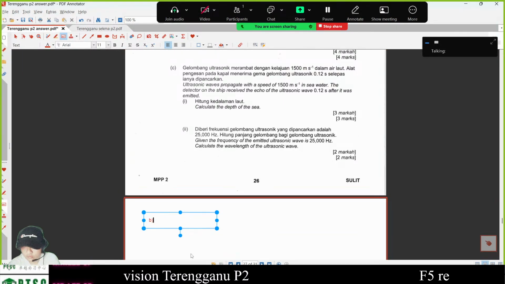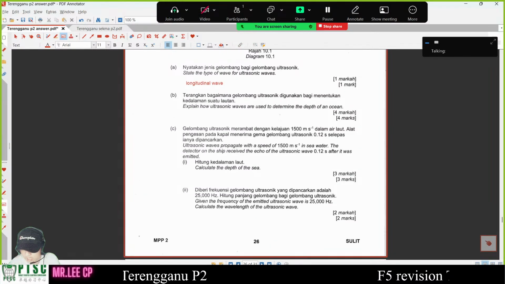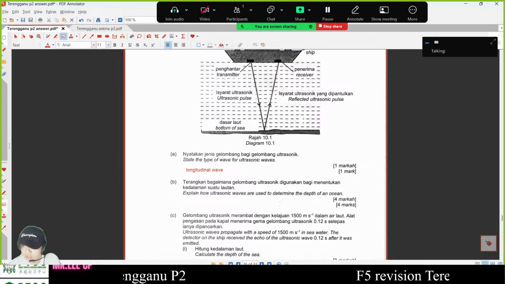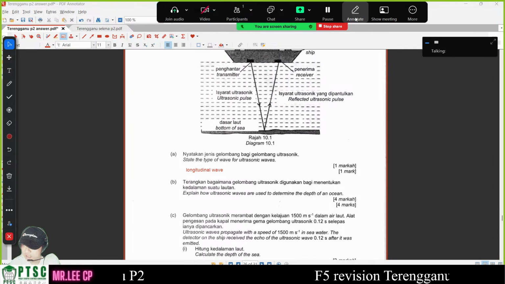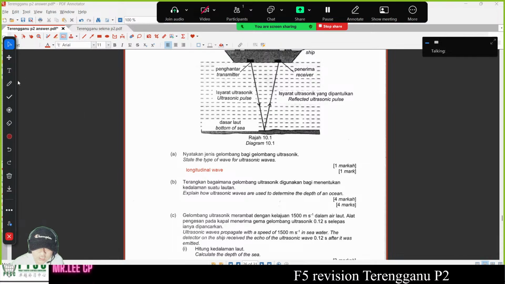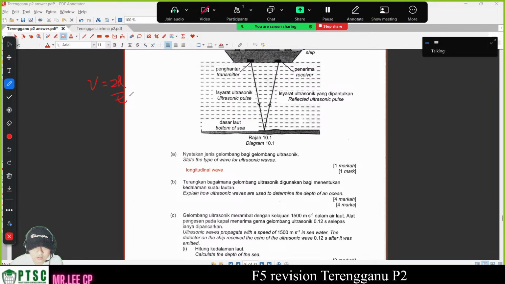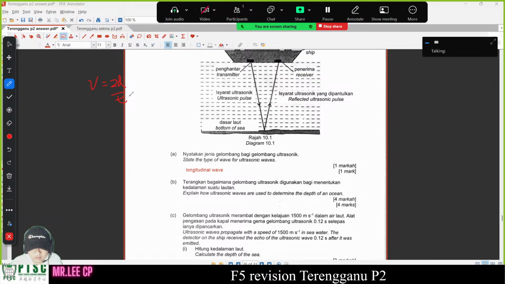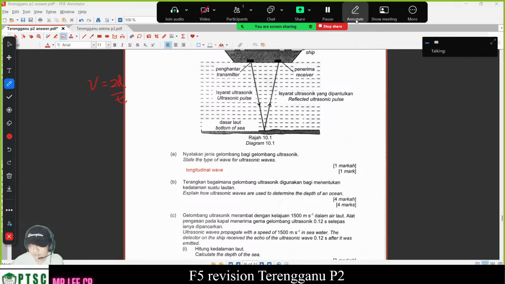So 4 marks normally very hard. Now the first point is you need to transmit one wave down and then reflection. And then V is equal to 2D over T. So you need to mention this one.